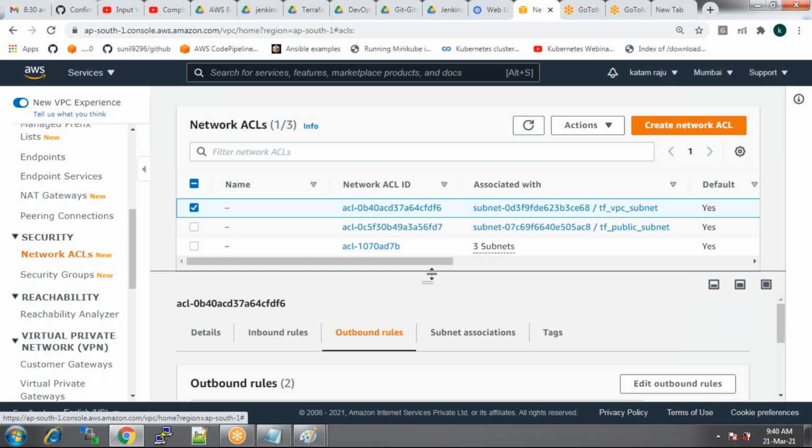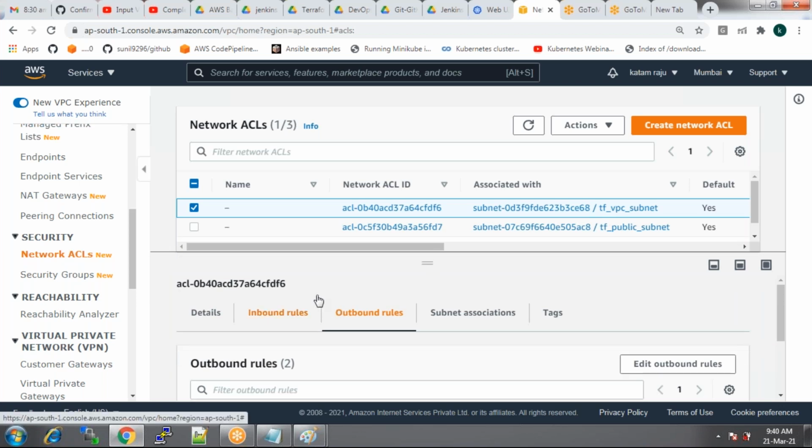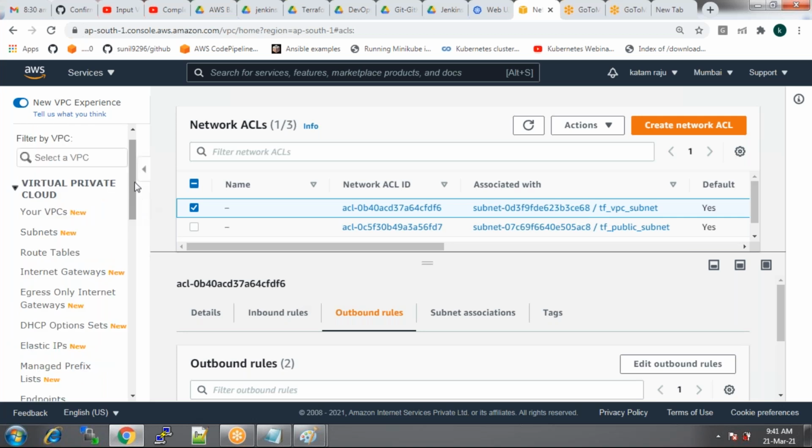Now, for today, I'm going to show you how to create these VPCs using the VPC Wizard.